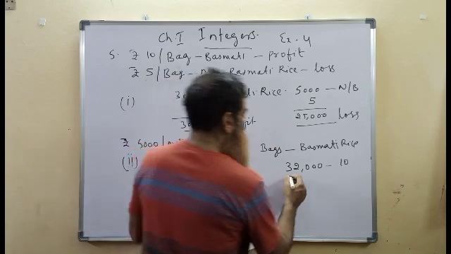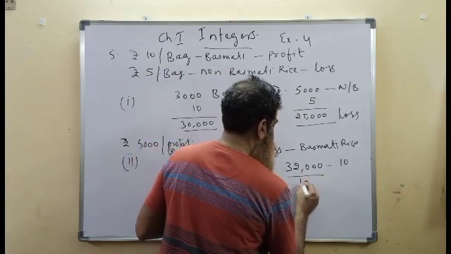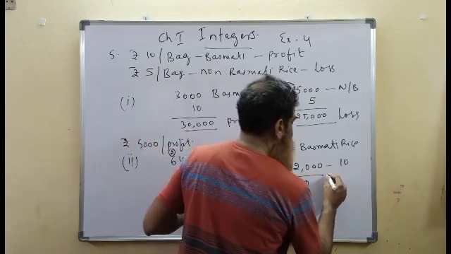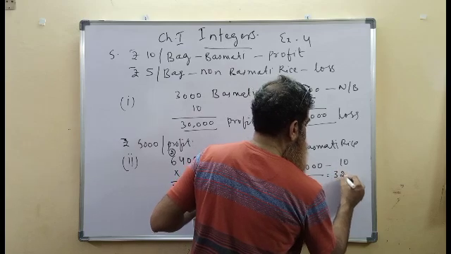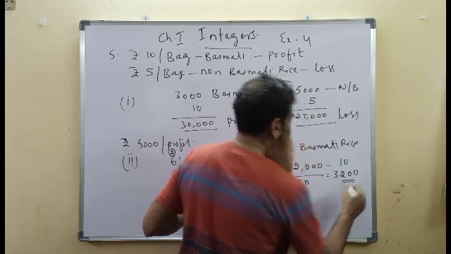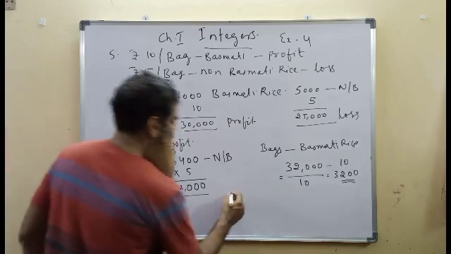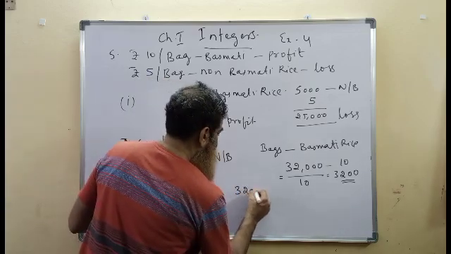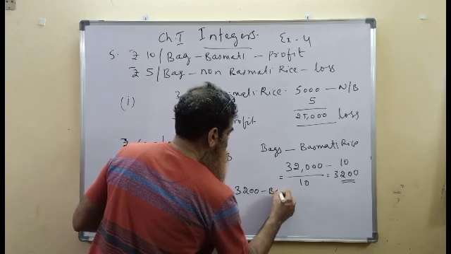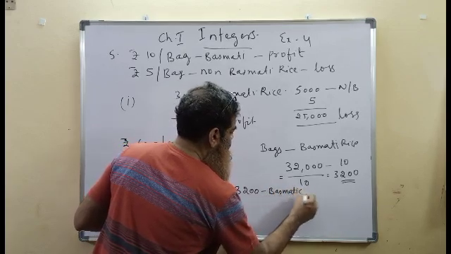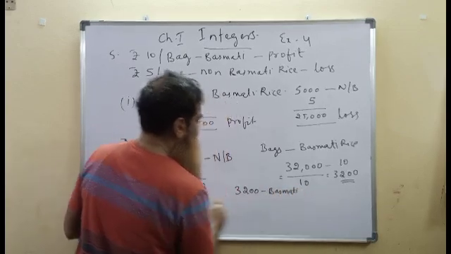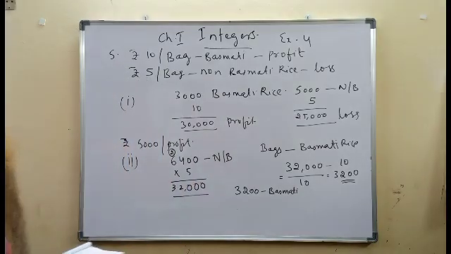So we need to divide this 32,000 by 10 to know how many bags of basmati rice we need to sell to cover up this much loss. So that is 3,200 bags of basmati rice. 3,200 bags he needs to sell to cover this loss and end up with neither loss nor profit.